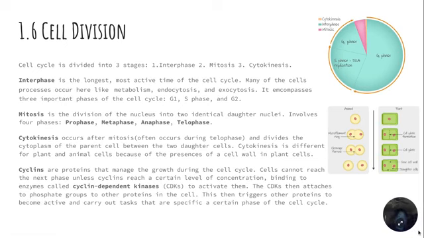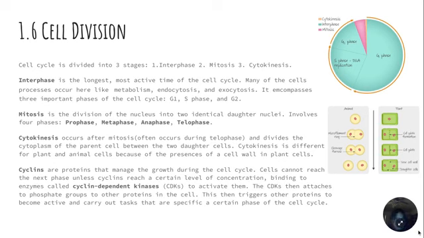Cytokinesis is different for animals and plants because of the presence of the cell walls in plant cells, which is shown on the right as animal cells split apart while plant cells stay attached, they just split apart a little bit more.